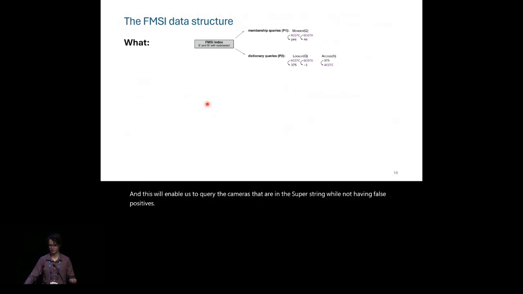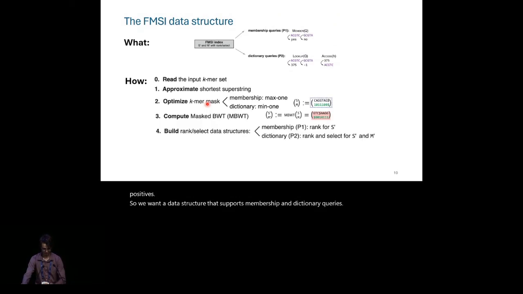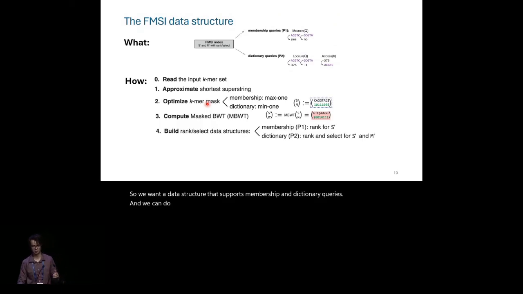So we want a data structure that supports membership and dictionary queries, and we can do this starting from an input k-mer set. So we first compute an approximated shortest superstring, then we optimize the mask, which is specific to whether we want to do membership or dictionary queries.